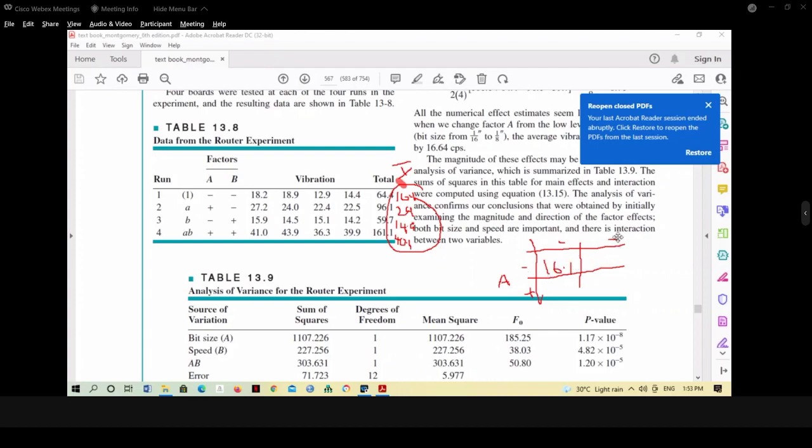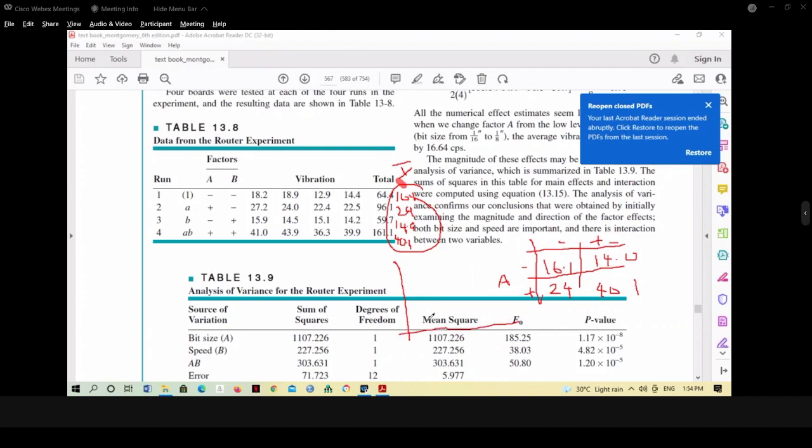A low, B high is 14.0, I remember. And A high, B low is 24. And finally A high, B high is 40 point something. Okay, you plot like this, and you will get the plot that I just showed you.